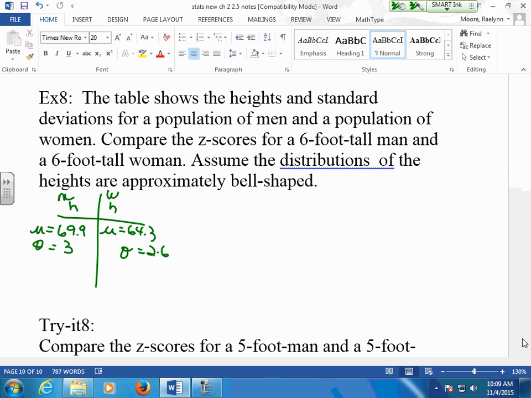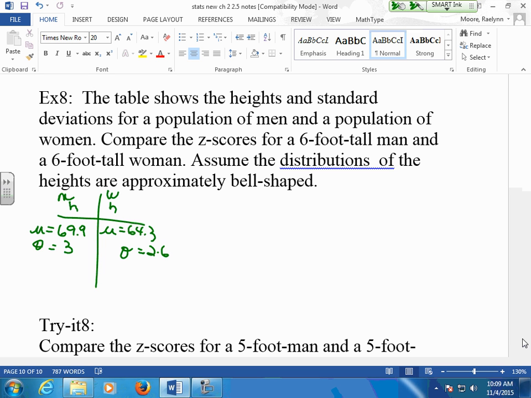I mean, if you think about it, women probably are closer to about the same height, where men are kind of more spread out, so their standard deviation has more variability. And when we first looked at this, we looked at variability. Now we're going to see if we can compare where they exactly fit within their own group. And we do that by a z-score.